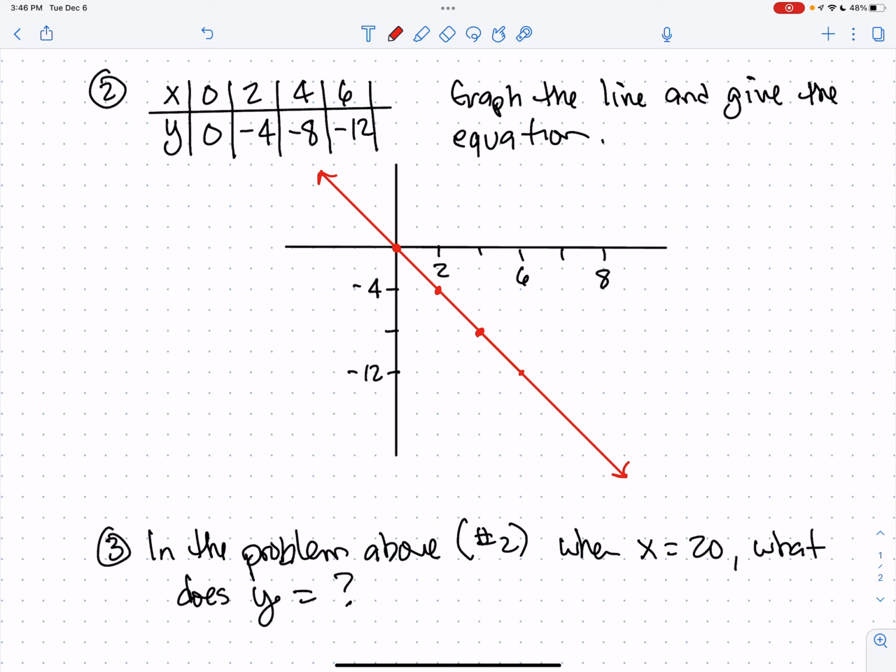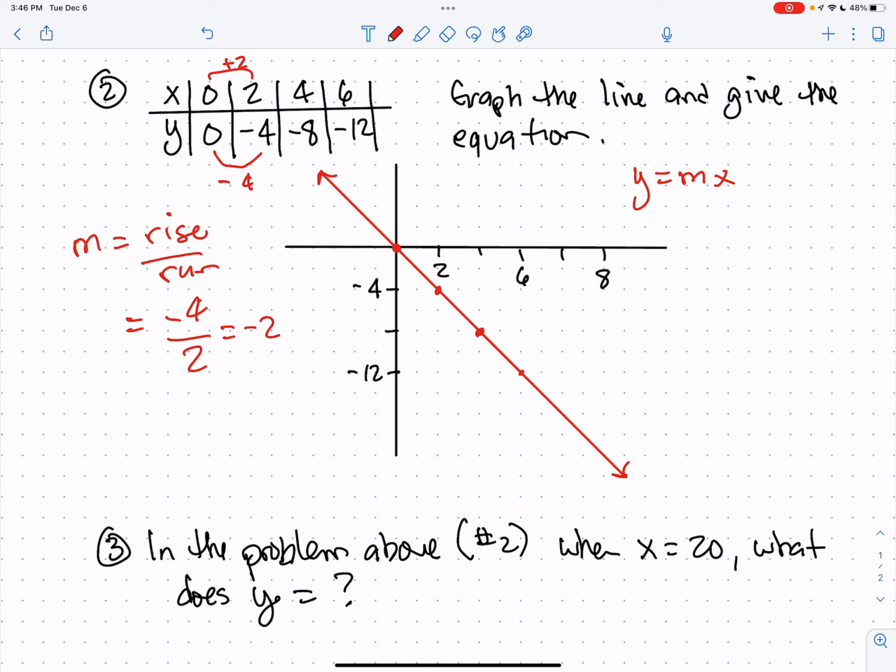And now I have to give the equation. Well, the equation is y equals mx, with m being the slope. M equals rise over run, right? So what is the rise? When I go from 0 to this point, the rise is -4, and the run is +2. So -4 over 2 is the same thing as -2.